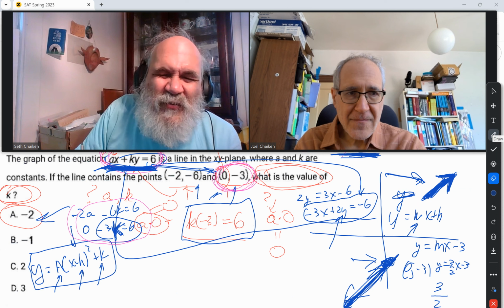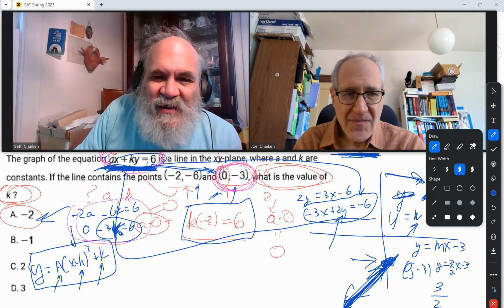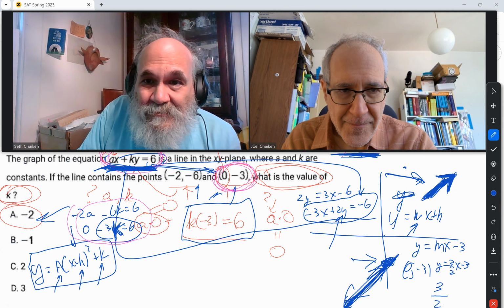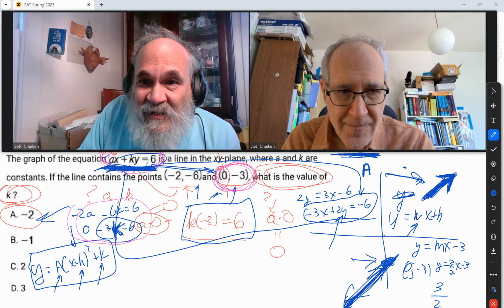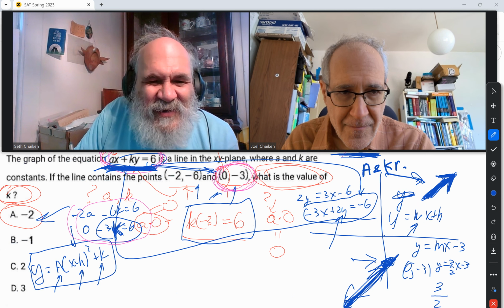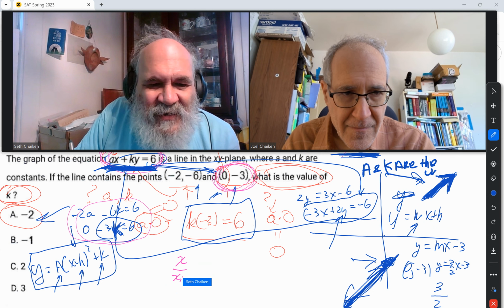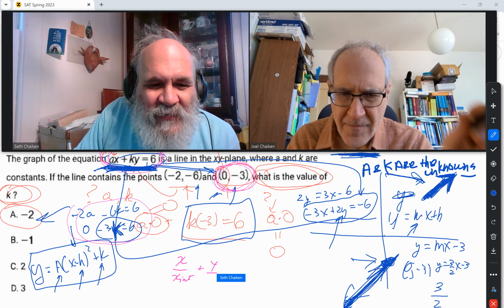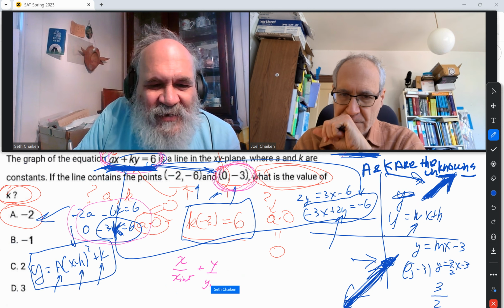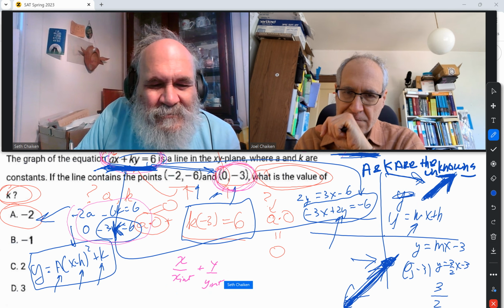The intercept form is x over x-intercept plus y over y-intercept equals 1.